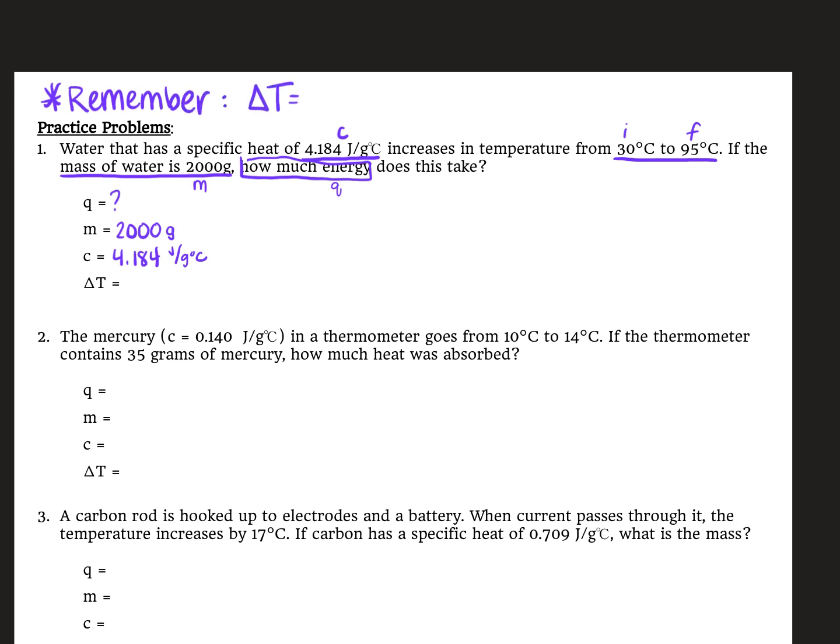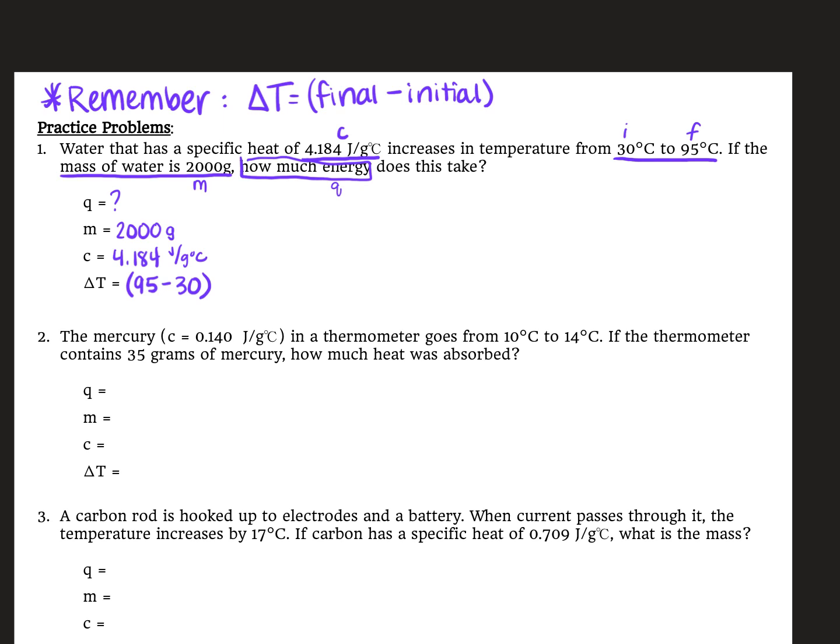Delta T equals final minus initial. So our final temperature was 95 and our initial temperature was 30.